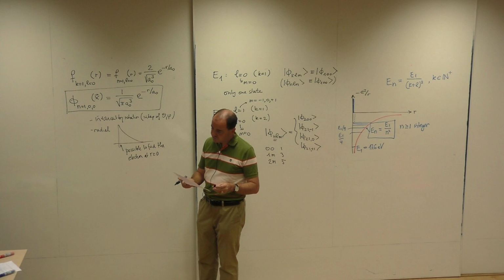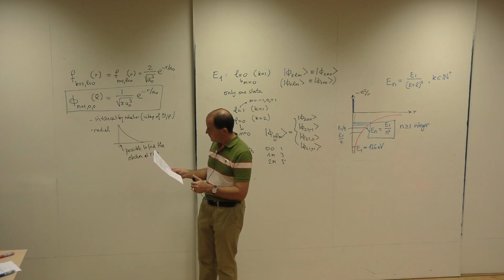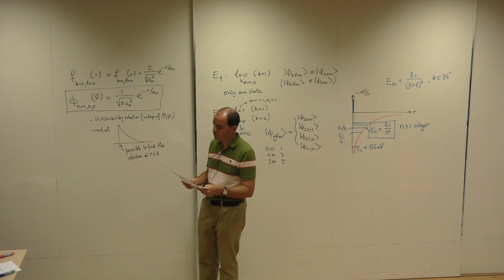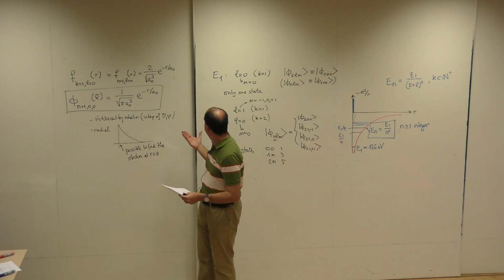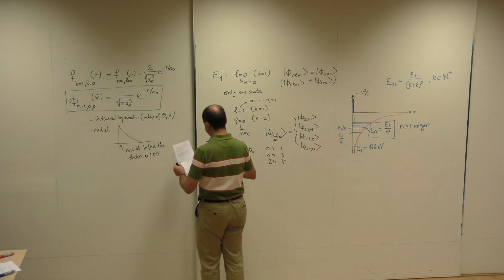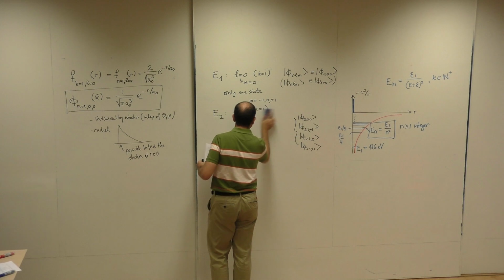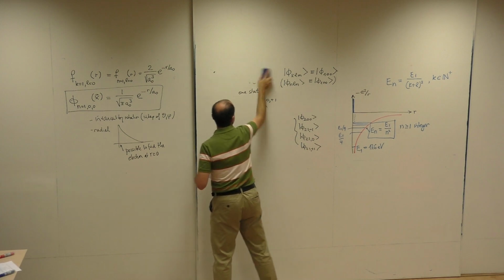And then, just for your horror, I can write what the radial wave functions look like. Actually, I will not write it because it's written in the lecture notes, and honestly, there's nothing nice there. But I will just tell you what the structure is for the radial wave functions for higher states.